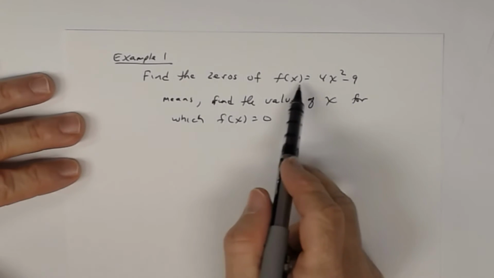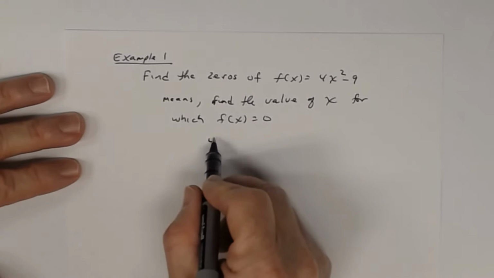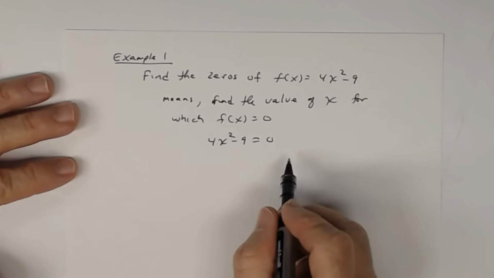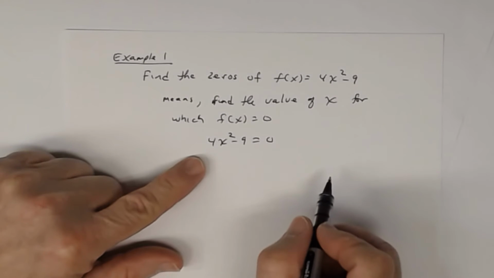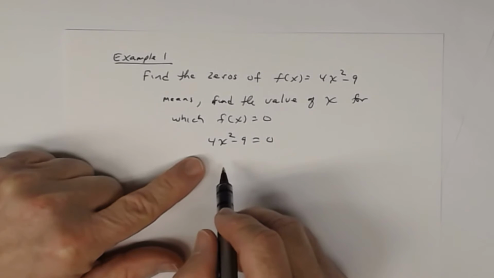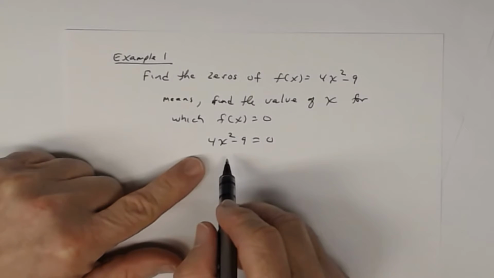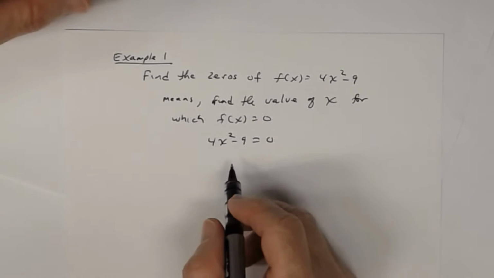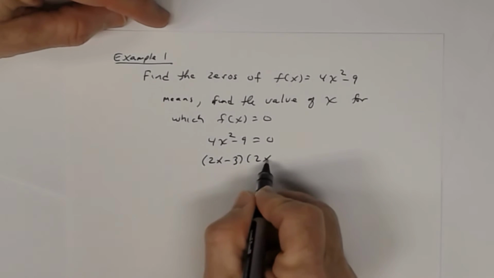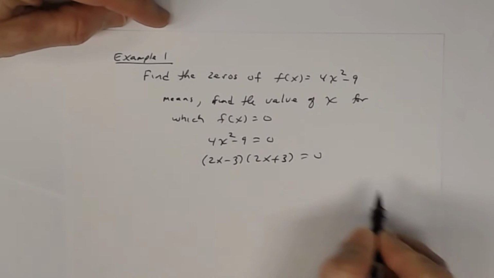My function is 4x squared minus 9. So the question is, where is 4x squared minus 9 equal to 0? Notice we have a very simple quadratic equation, and I can factor this. That's the difference of two squares, so I don't have to use the quadratic formula. When I factor this, I get 2x minus 3 times 2x plus 3 equals 0.